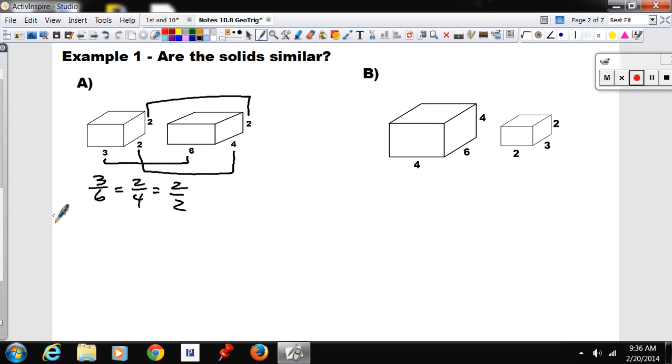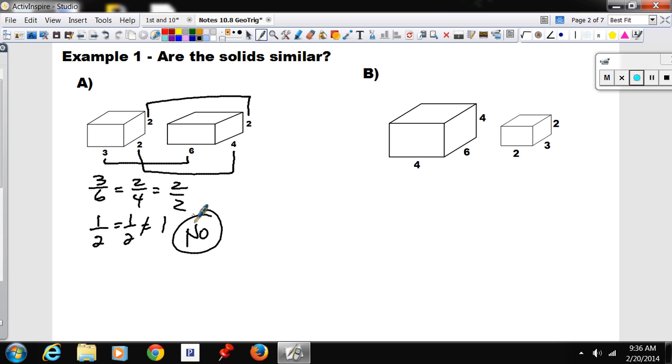Do they all reduce to the same ratio? No, these first two reduce to a half. This one reduces to 1. So that's not equal right there, so that is definitely a no, not similar. So that's A. That's how we can tell if they're similar or not.